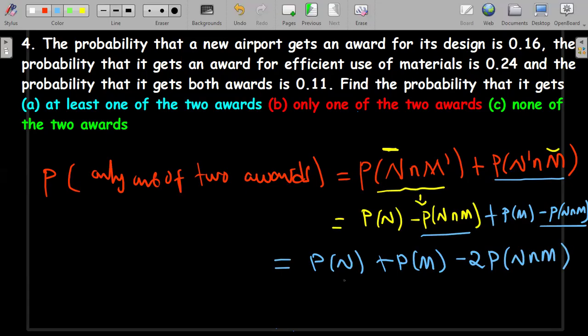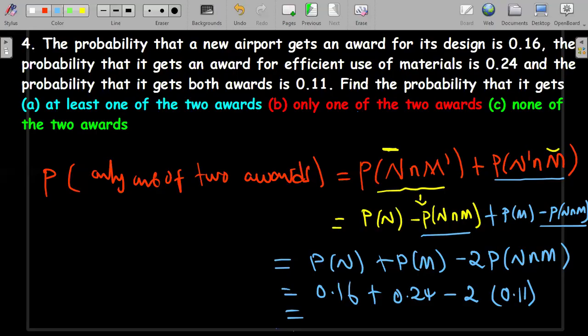All right, so what is the probability of N, which is getting the award for the design? It's 0.16, plus the probability of effective or efficient use, that is 0.24, and then minus 2 times the probability of the intersection, which is just 0.11. So just get this value and then punch it on your calculator to come up with the answer.